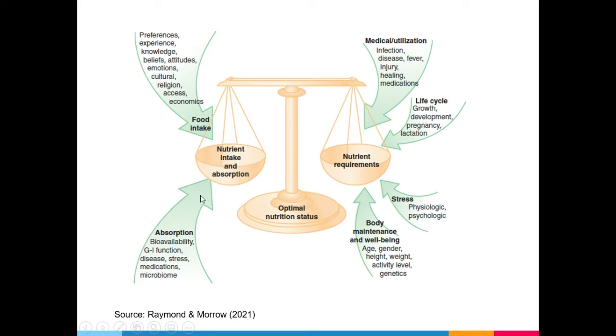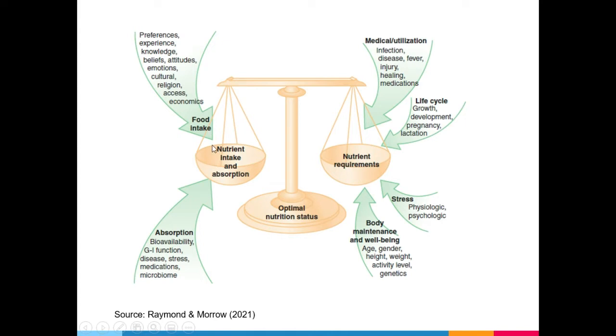Each of these sides has its own sub factors. So for example, here in nutrient intake and absorption, food intake, what are the factors that could affect one's food intake? Because food intake would ultimately affect nutritional status.